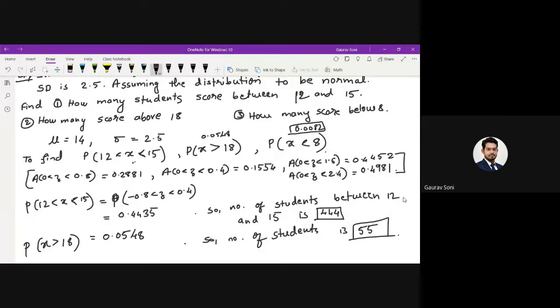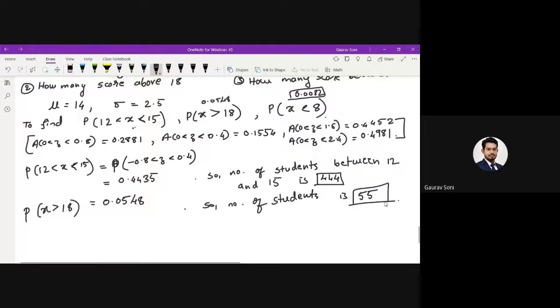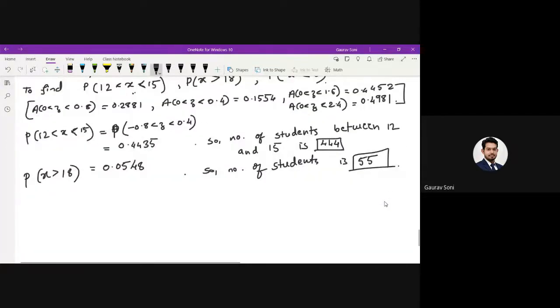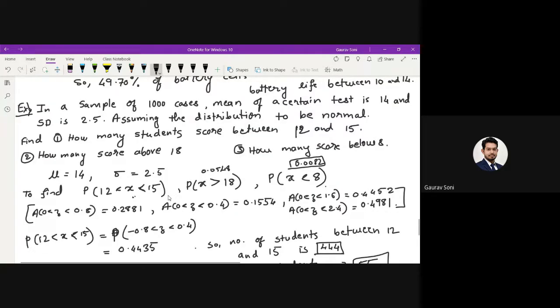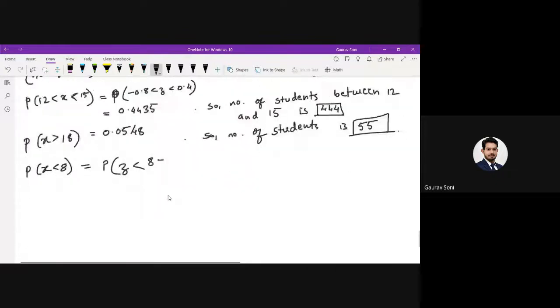Okay, so is there anyone who can confirm the third one? Probability of x less than 8 is probability of z less than 8 minus mu. What is mu here? 14, divided by 2.5.